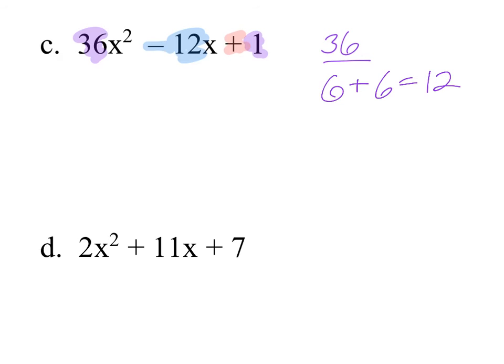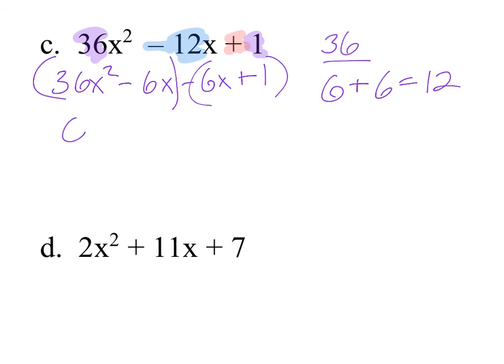So this means I'm going to have, nope, I'm going to rewrite this. I keep wanting to jump methods. I'm going to rewrite this as 36x squared minus 6x minus 6x plus 1. Factor this stuff. I pull out a 6x. I have 6x minus 1.